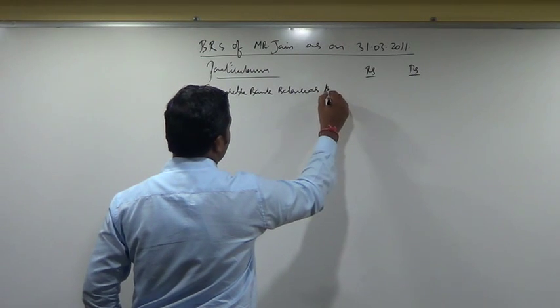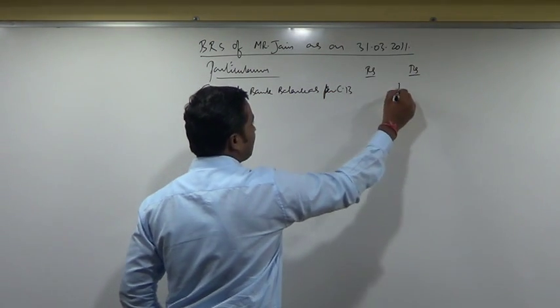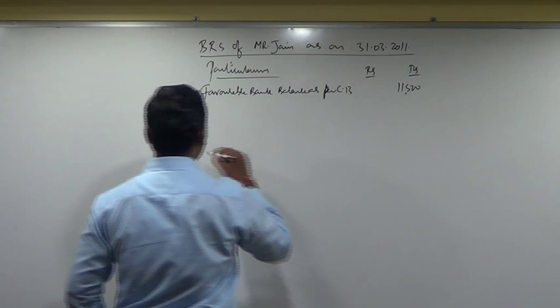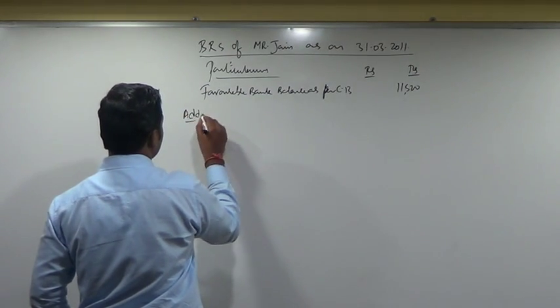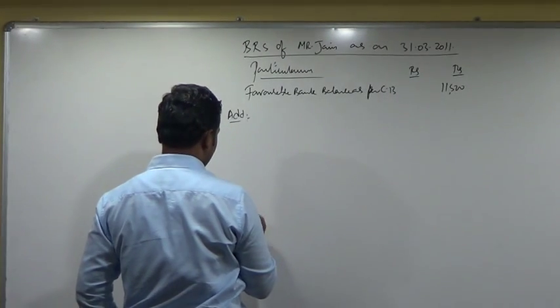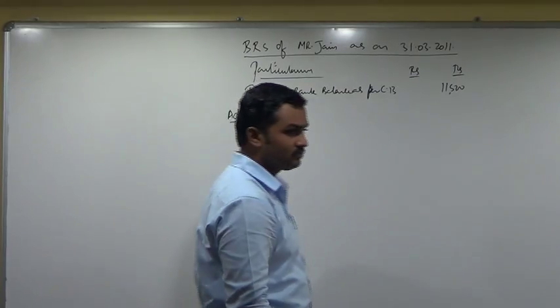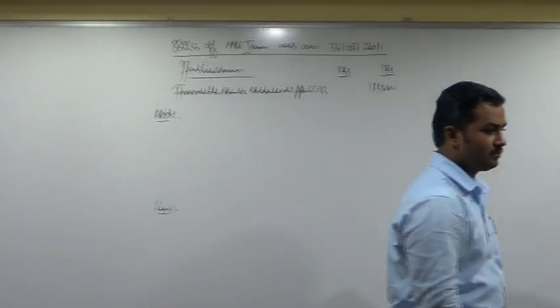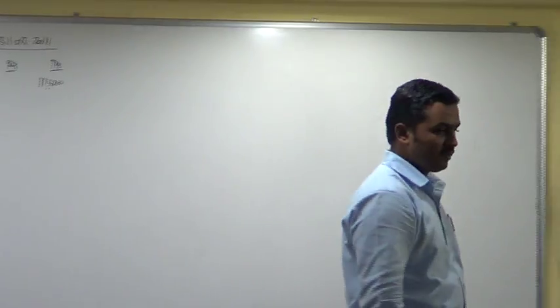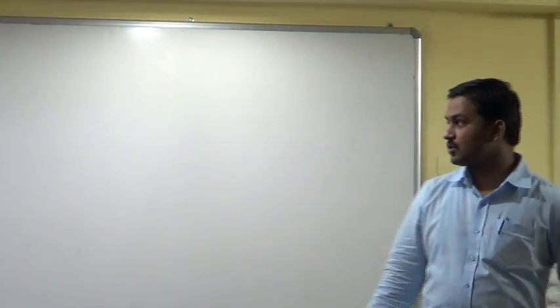Favorable bank balance as per cash book 11,500. Add, less.